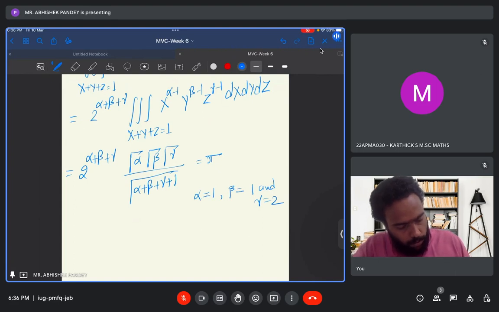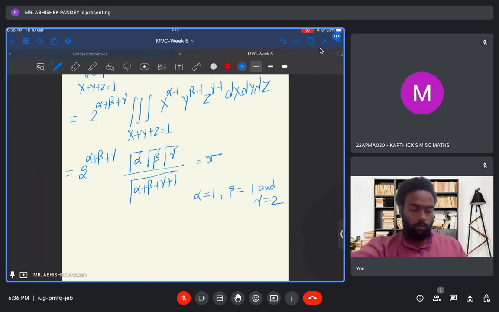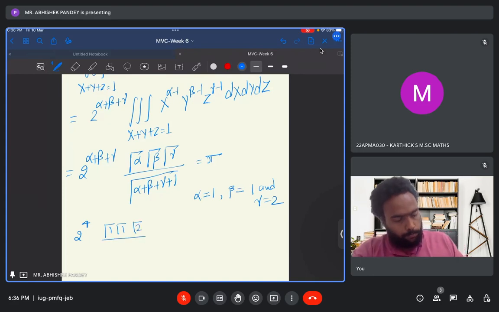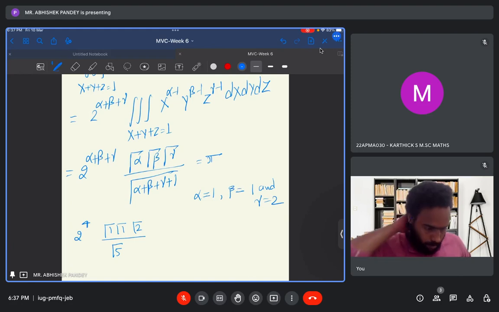So this will be 2 to the power 4, and this will be gamma of 1, 1, 2 upon gamma of 5. I don't think this will work.